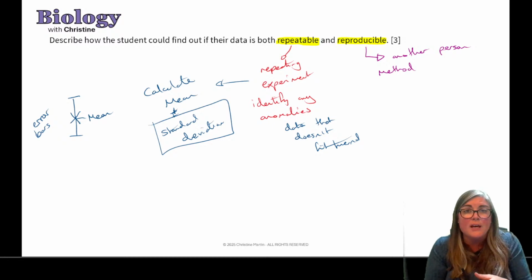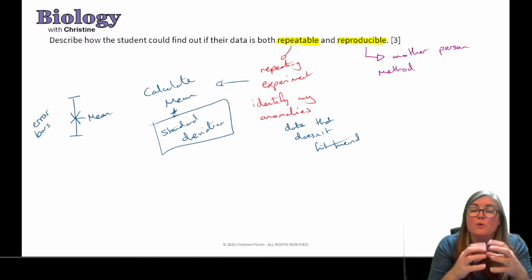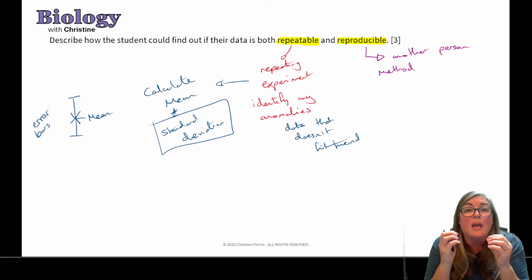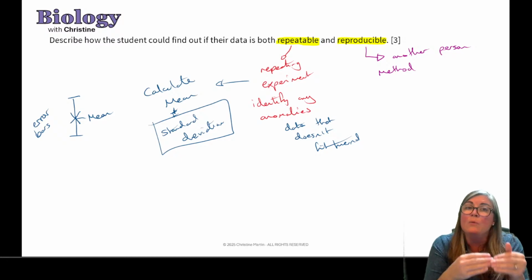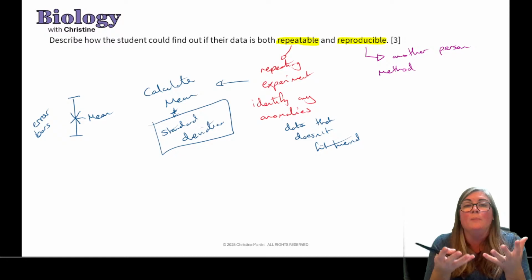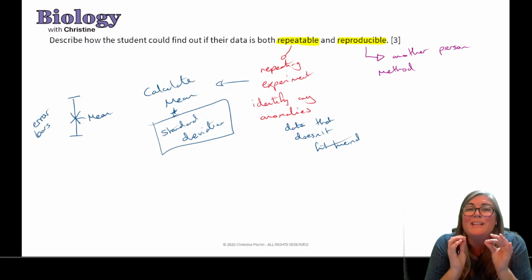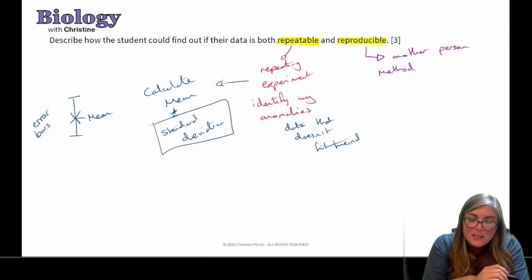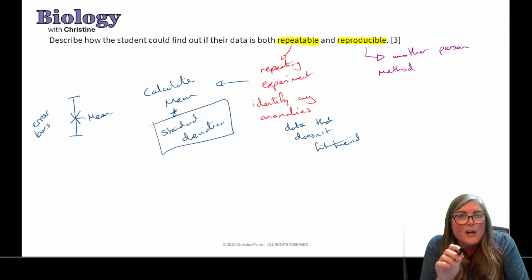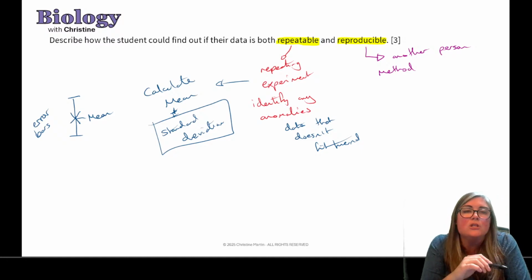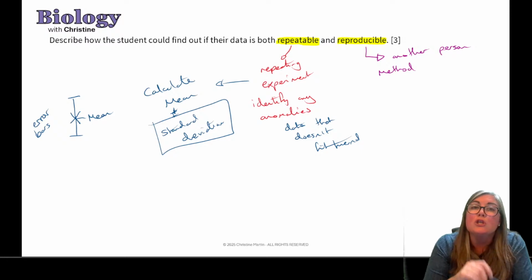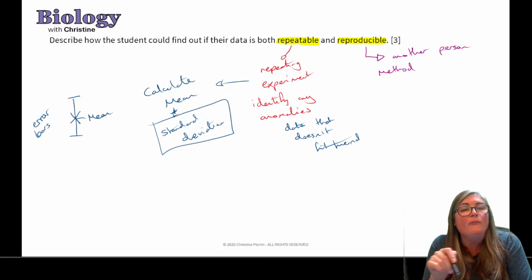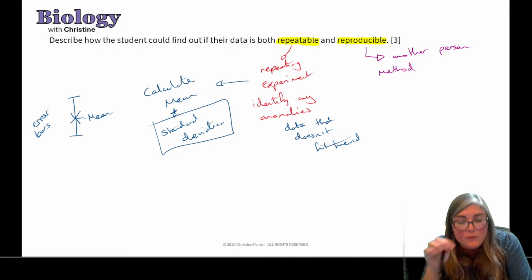And so because of that, the method that you produce should be a valid method that will allow for someone else to pick up your instructions and to do exactly as you did. So if it is reproducible, they are going to conduct the experiment. However, what they might do is use a slightly different procedure and see if they get similar results.